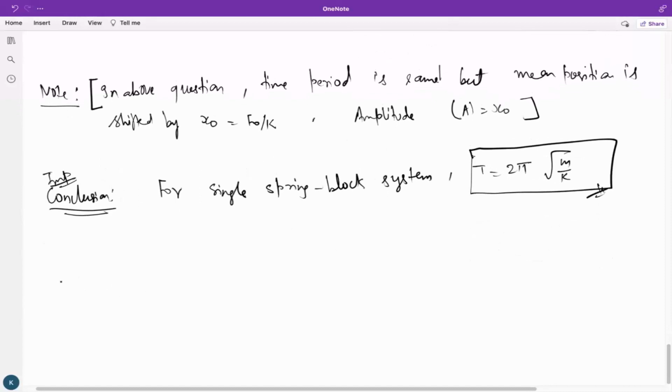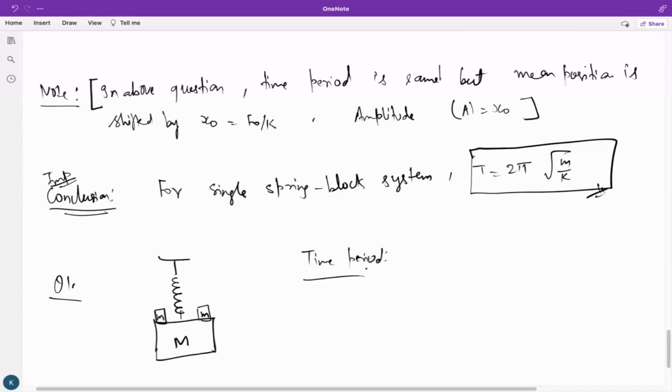So let me take it as a question. There is one spring and there is a big mass, which has mass capital M, and there are two small blocks kept here, and you have to find the time period.